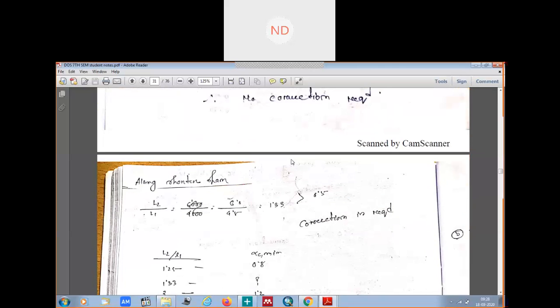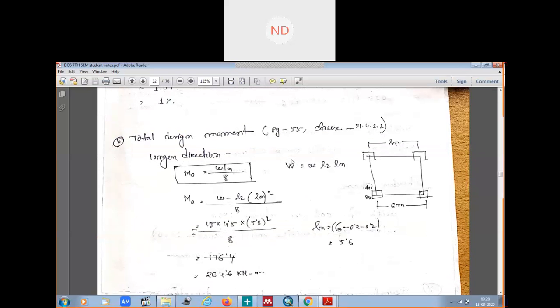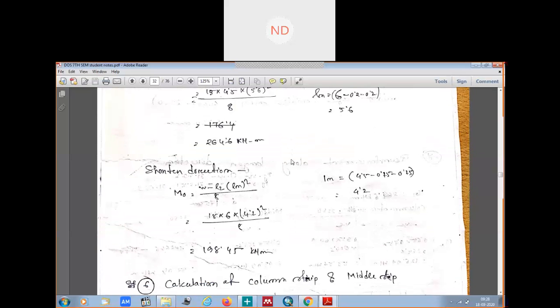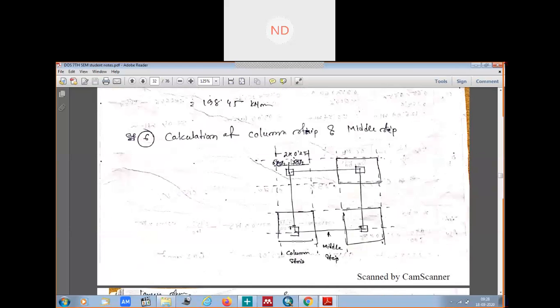We have done all this. 1% correction was there. Total design moment we had calculated for both the longer direction as well as the shorter directions. Then now comes the calculation of the column strip and the middle strip.